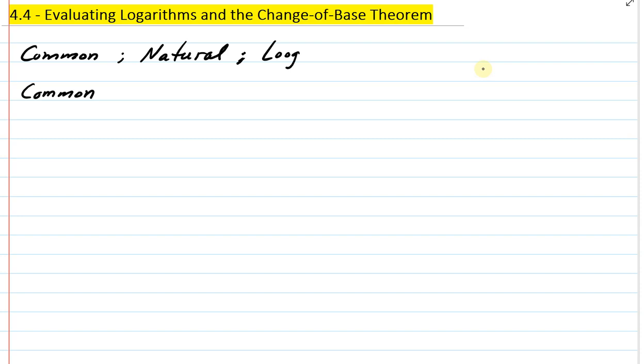So these tables that were attached at the end of every math textbook were a table of logarithms. Because again, calculators were not so prevalent at that time. So the common log references a logarithm whose base is 10.